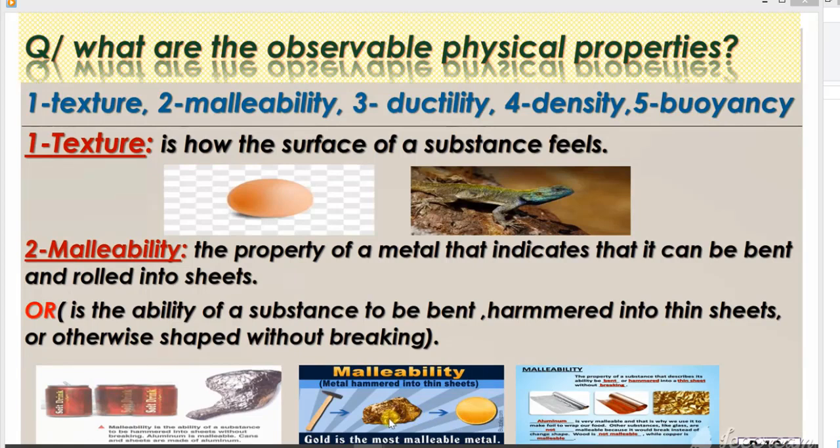Gold is malleable because it can be bent and rolled into sheets. Another answer to the question, why gold, why aluminum, why copper? It is a malleable metal because it can be hammered into thin sheets or otherwise shaped without breaking.